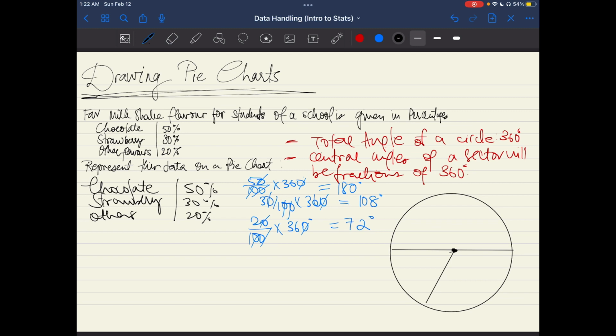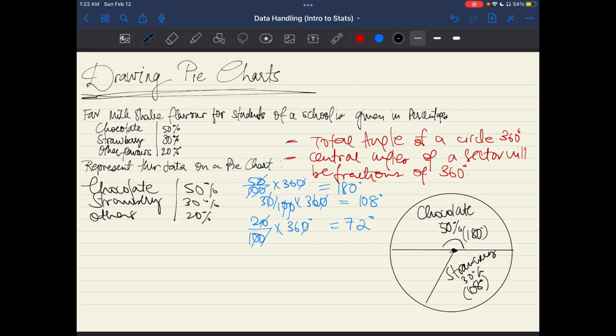So now this is chocolate, which is 50%, or this angle is 180 degrees. This one here is strawberry, which is 30%, or the angle here is 108 degrees.